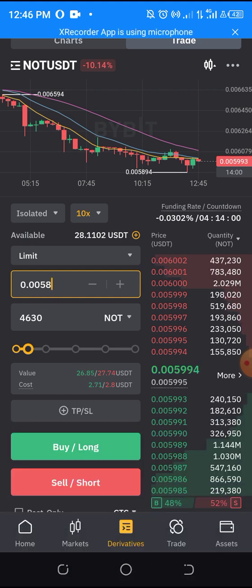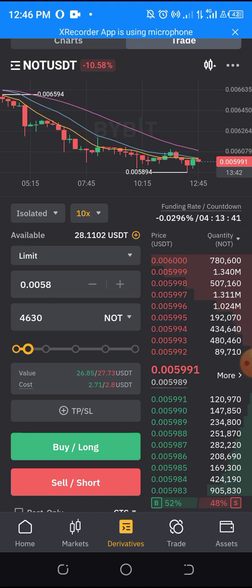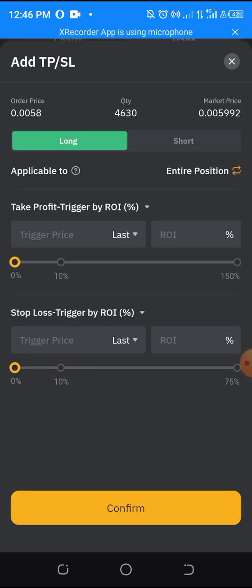Now your target profit should be above your entry price, and your target stop loss should be below your entry price. Target profit is like, I want to sell this at so price, in case I'm not available online, let this trade trigger at a certain price before it goes against me again. You can set your target either by percentage or by the price itself.